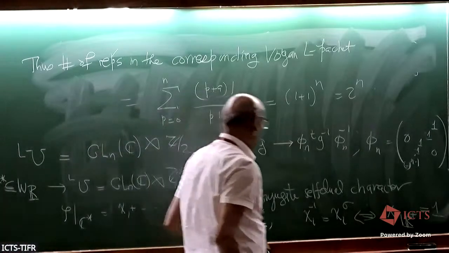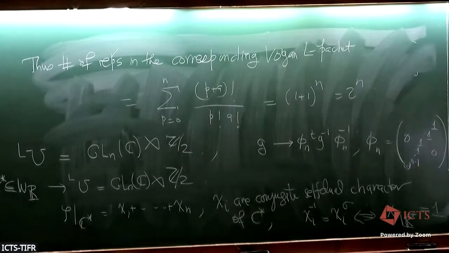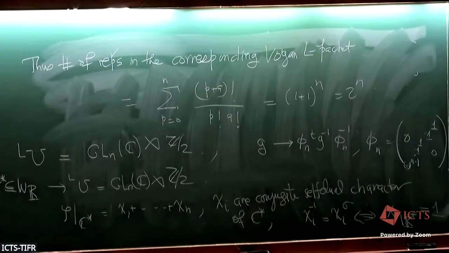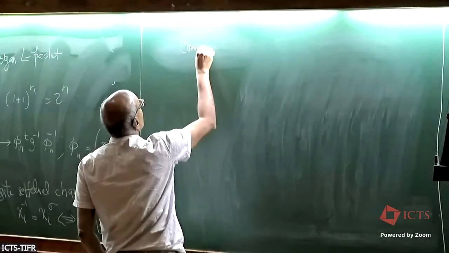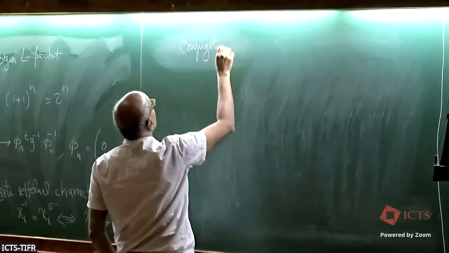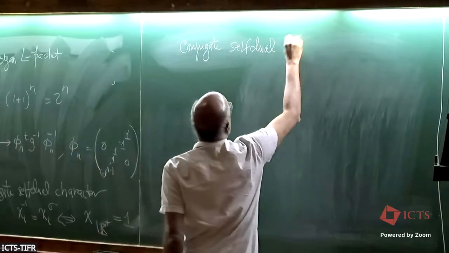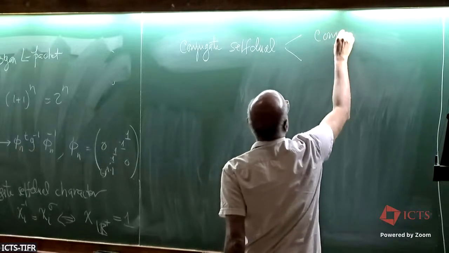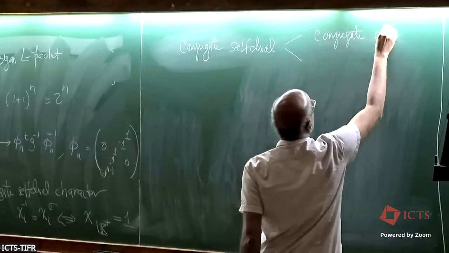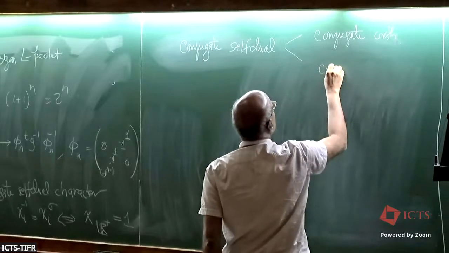So this information is complete information. For n even, these conjugate self-dual characters are what are called conjugate symplectic characters, and for n odd, they are called conjugate orthogonal characters. So conjugate self-dual characters come in two flavors: conjugate orthogonal and conjugate symplectic.